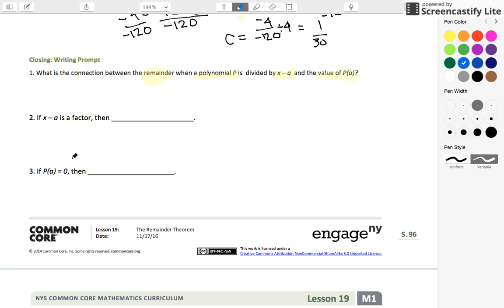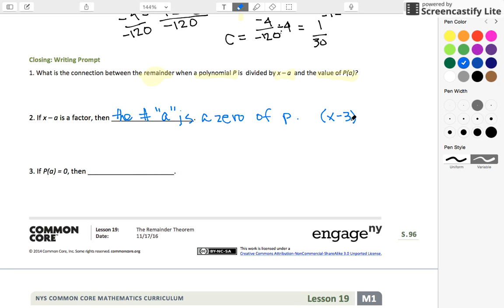So in this case, what we can say is, if x minus a is a factor, then the number a is a 0 of p. All that really means, so if you can have an example, let's say we have x minus 3, right?